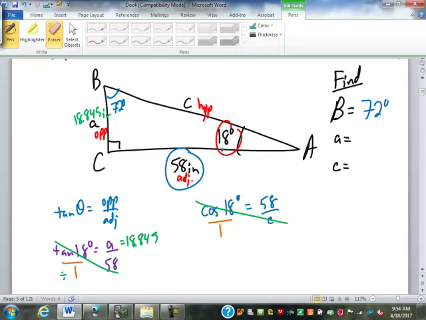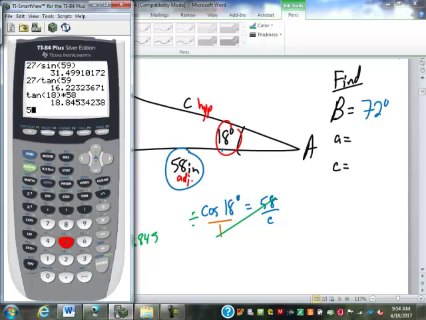Oops, I can't do it that way. I've got to do 1 times 58 divided by cosine of 18. You probably had 58 divided by sine of 72. Same difference. 60.94 or 60.985.